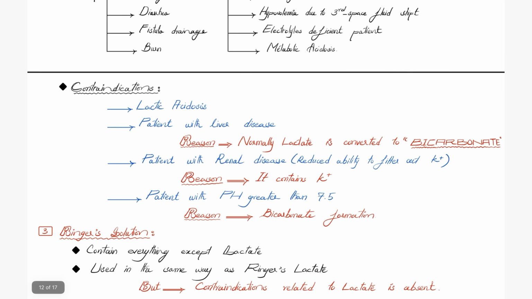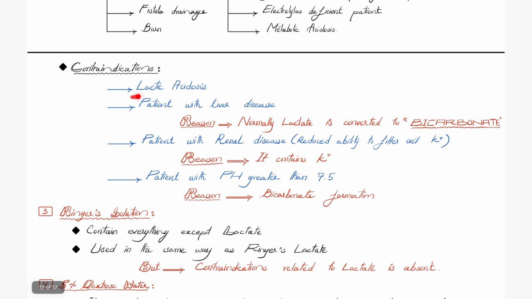Now, some contraindications of Ringer's lactate. First one is lactic acidosis. If any patient has lactic acidosis, you cannot give Ringer's lactate. So it is obvious, it's common sense. Patients with liver disease. Why? Because lactate is converted into bicarbonate in the liver. So if a patient has liver failure, then it cannot be converted into bicarbonate, and accumulation of lactate leads to lactic acidosis.